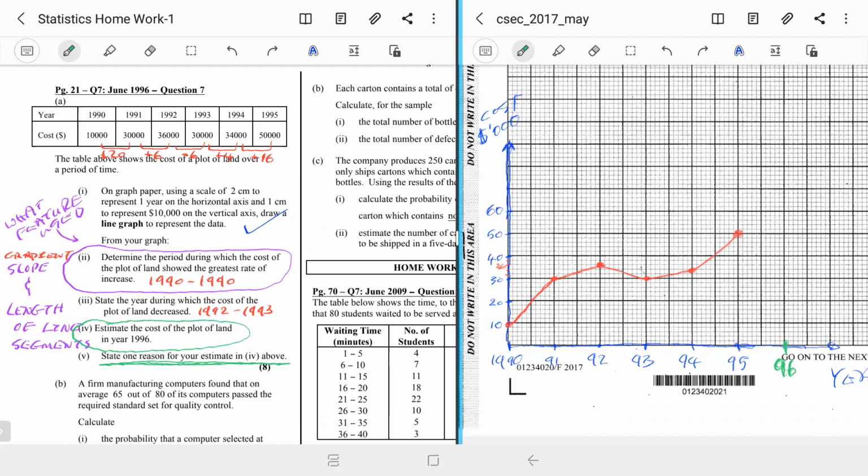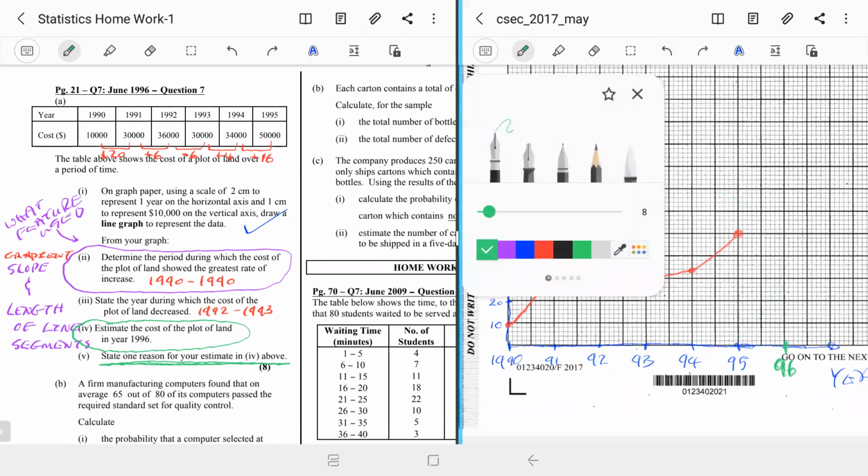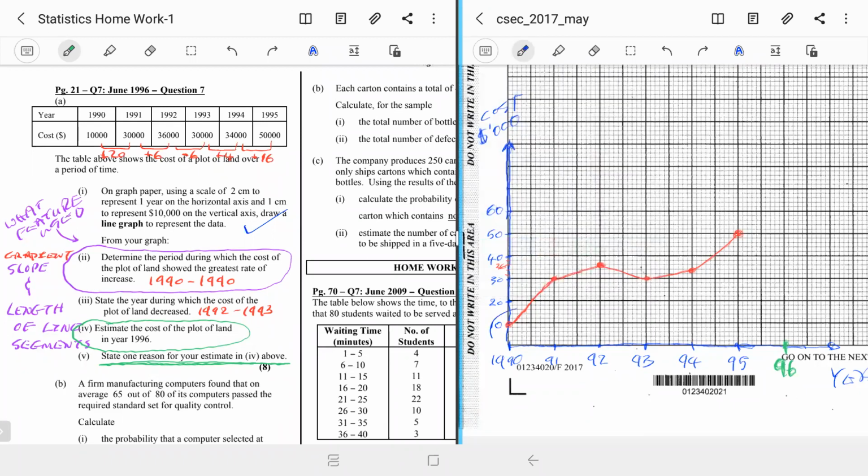All right, so firstly, if you look at this graph, you can see that the cost of land is generally trending upwards over time. It started down here and trended up that way.